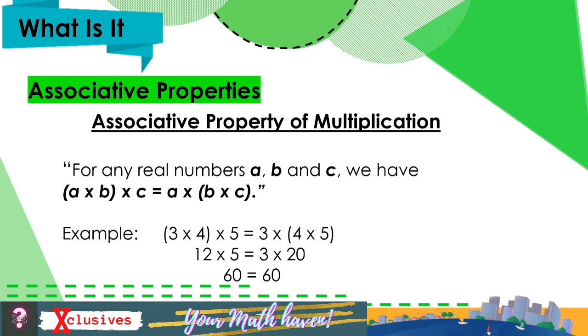For example, the product of 3 and 4 times 5 is just the same with 3 times the product of 4 and 5. Because simplifying both sides, the result is the same, which is 60. In other words, when you say associative property of multiplication, no matter how you group the factors, the result is still the same.